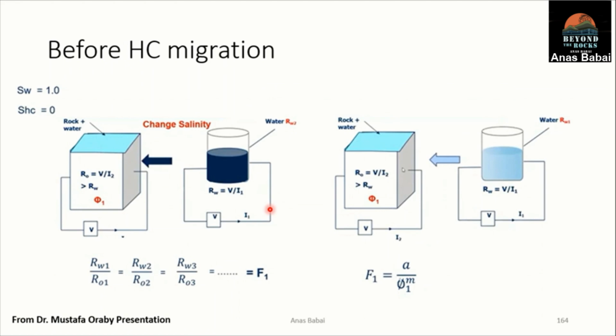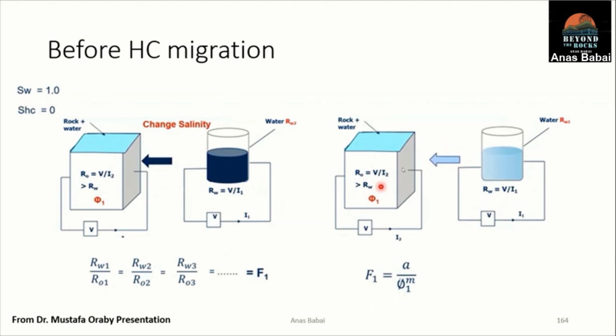So what Archie did is he brought water, measured the resistivity of the water, RW1, and then put it on a rock sample and measured the resistivity, which in this case is R0. Keep in mind that the hydrocarbon saturation is 0, we don't add any hydrocarbon in this case, and the water saturation is 100%.